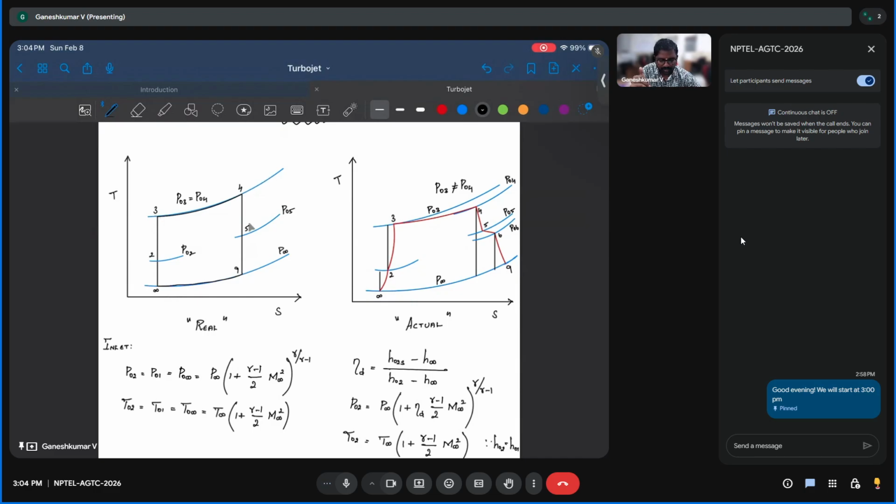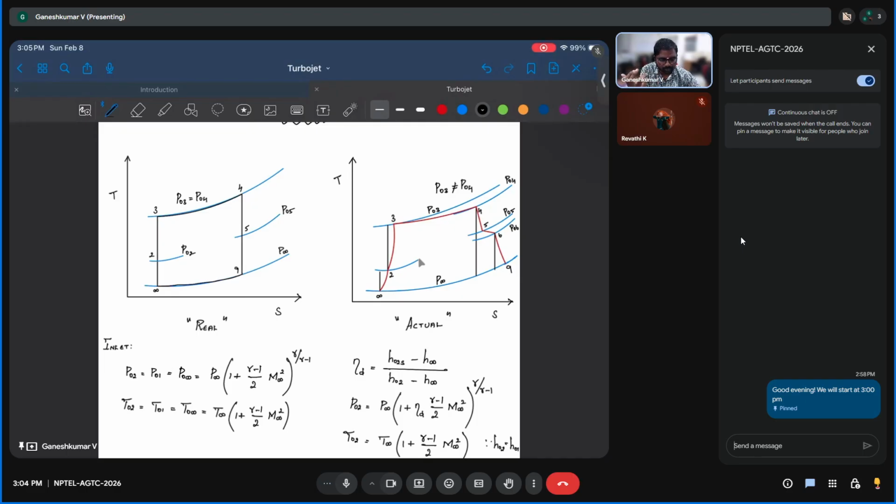From 4 to 5 you have the turbine, which is an isentropic process. Then from 5 to 9 you have an isentropic expansion in the nozzle. And from 9 to infinity, the nozzle exit pressure can coincide with the pressure at infinity. Typically this is not closed. There is no process as such, as we are not circulating the air again into the system. So it's like an open cycle.